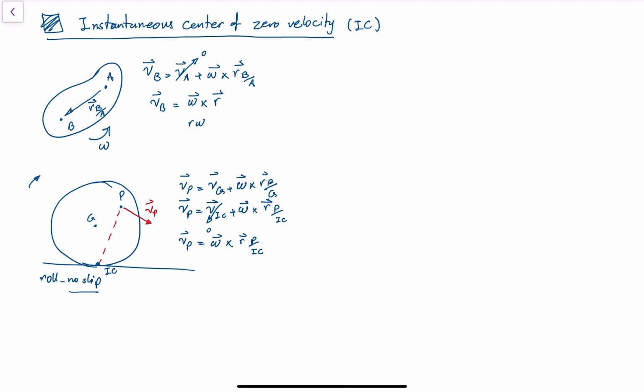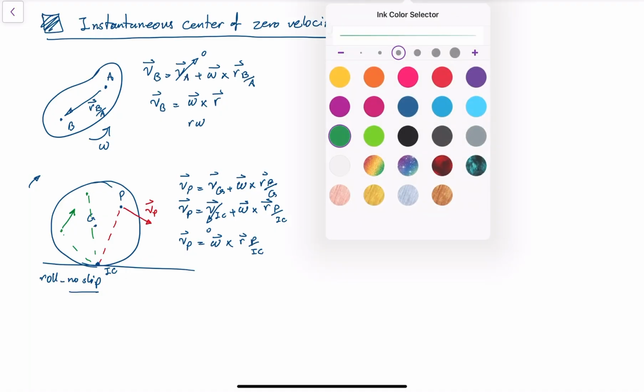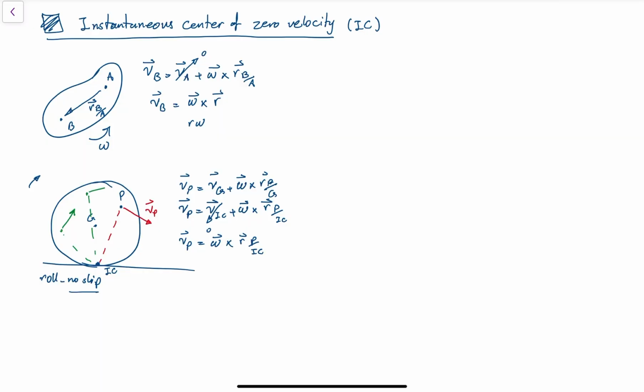At this instant, you can do it for any arbitrary point. As long as you draw the vector, all of these are going to be velocities perpendicular to the line connecting them to this instantaneous center, and the magnitude of the velocity will be just the distance times the angular velocity. So if I want to be more accurate, this one has to be slightly longer because it has a larger distance, and so on.